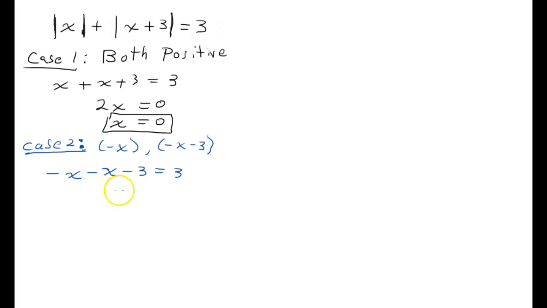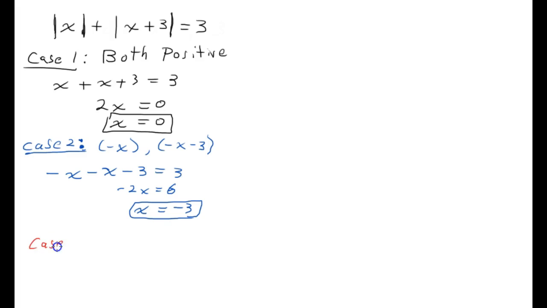All right, that gives us negative 2x equals 6, which gives us a solution of x equals negative 3. Now ordinarily that would be pretty good, but let's see what happens as we move on here.